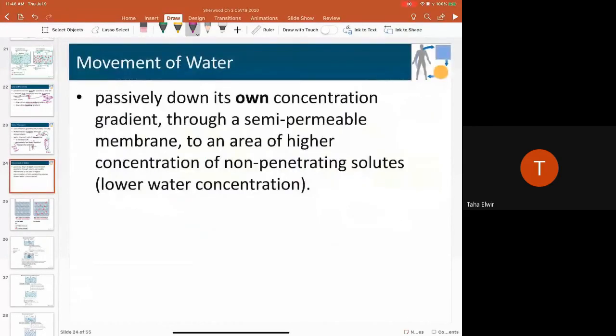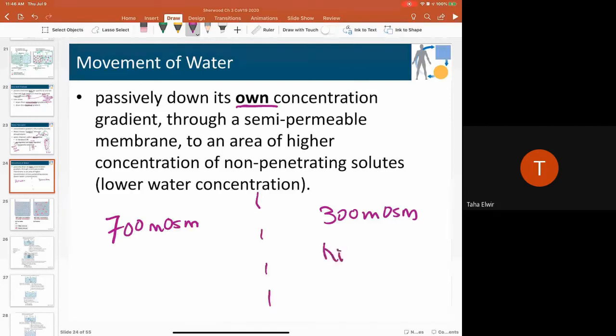So water, always think about it as having its own concentration gradient. It's determined by the solute concentration. So if we have a solute concentration of 700 milliosmoles versus 300 milliosmoles, then water is high here and it's low here.